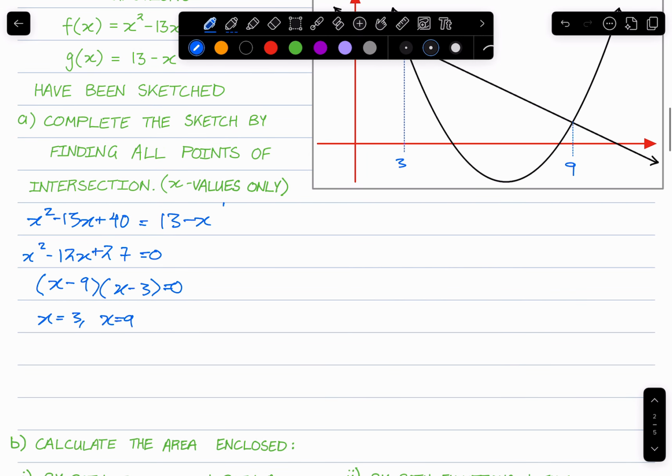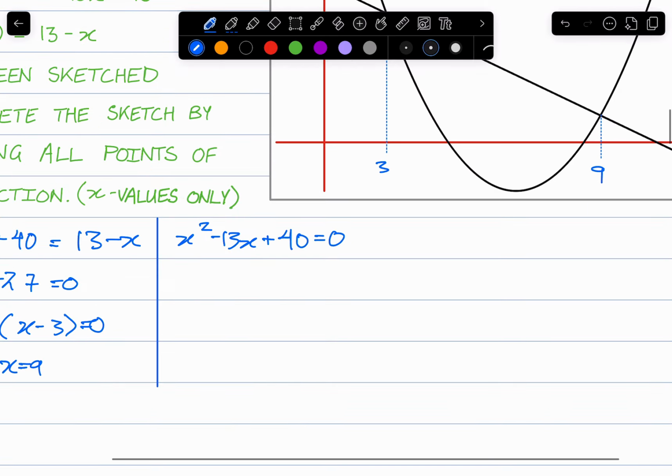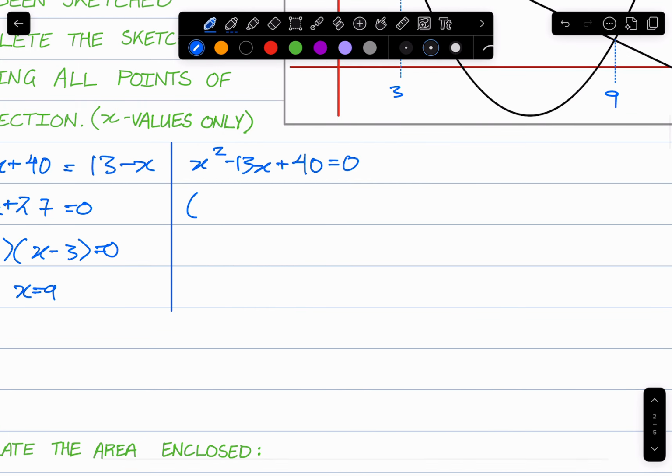Let's find the x-intercepts of all of these. So the x-intercepts of f of x. Let's do x squared minus 13x plus 40 equals 0. Two numbers that multiply to 40: negative 5, negative 8.